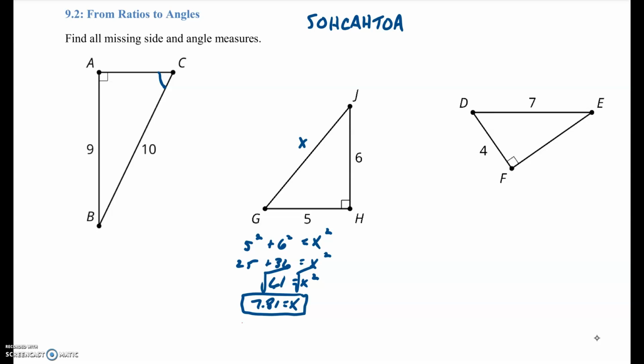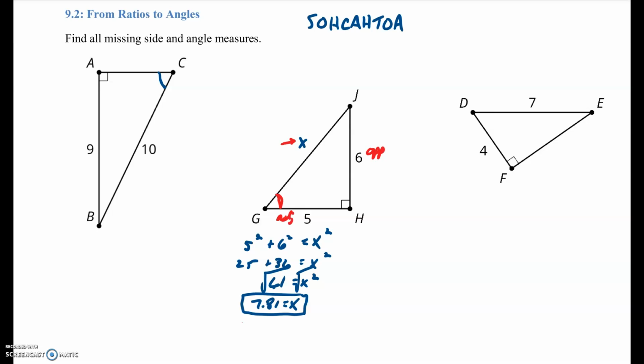Now what I need to do is find a missing angle. So let's start with angle G. We'll find the measure of angle G. Remember, I don't want to use the side length that I solved for, so I'm going to use this opposite leg and this adjacent leg.